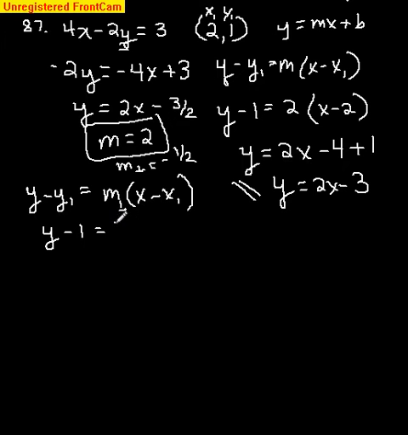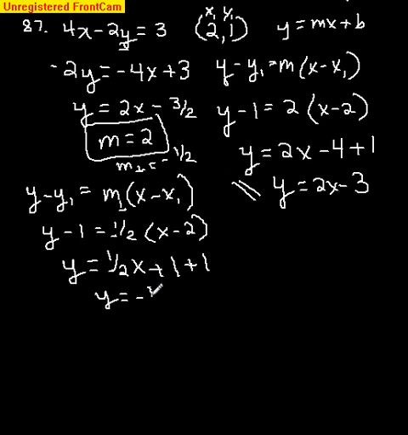Y minus 1 equals 1/2 times x minus 2, and we just work this out, equals 1/2 x minus 1 plus 1. What did I do wrong here? It's a negative reciprocal. I didn't carry that through. So that would be plus 1. So you get y equals negative 1/2 x plus 2.